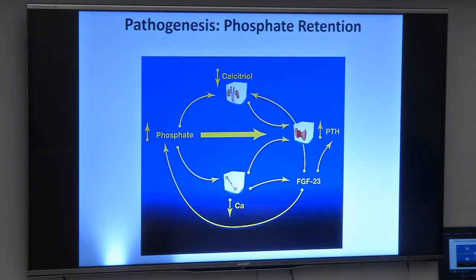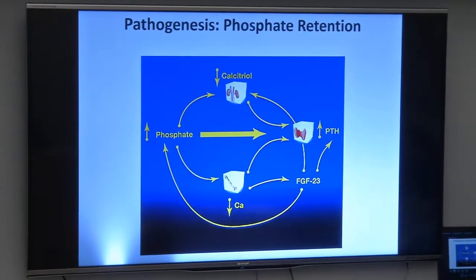Another component of the pathogenesis of CKD-MBD is disordered phosphate metabolism. So remember that FGF23 is a phosphatonin, and it regulates phosphate excretion in the kidney. It regulates insertion of the sodium phosphate cotransporter in the proximal tubular cell. And when you eat phosphate, FGF23 levels go up. You shuttle NPT out of the proximal tubular cell, and then you have phosphaturia.